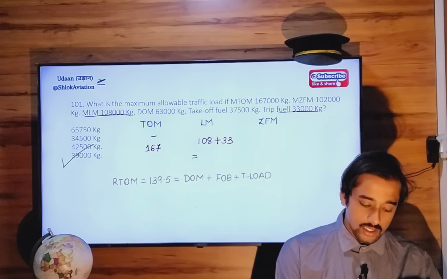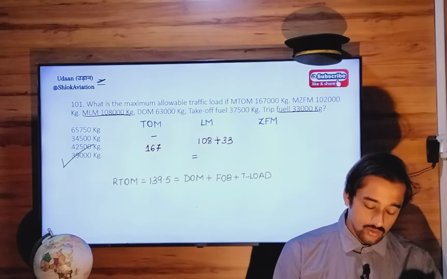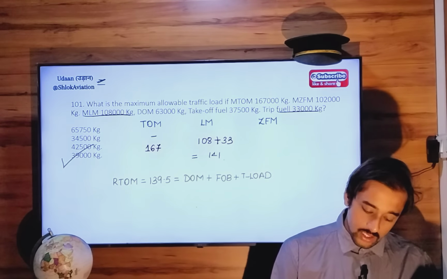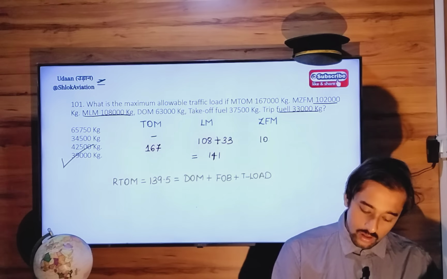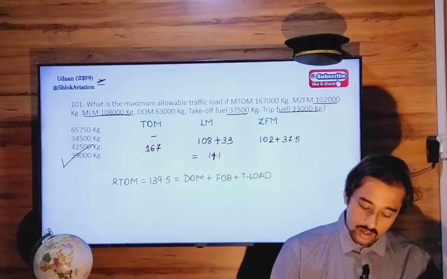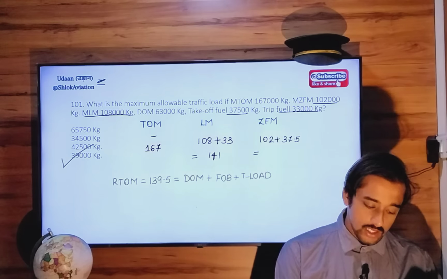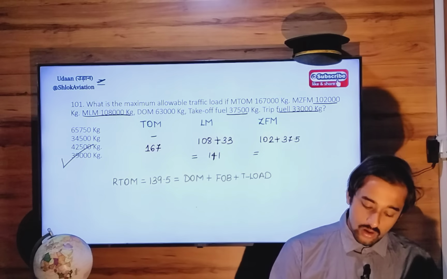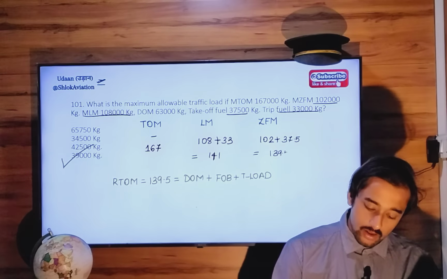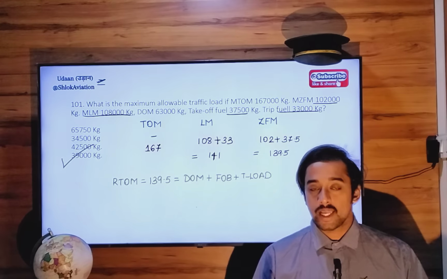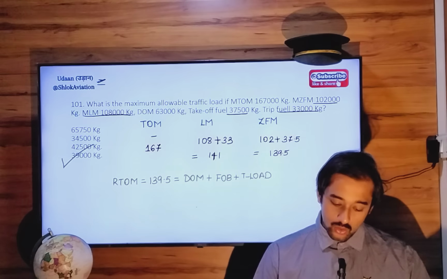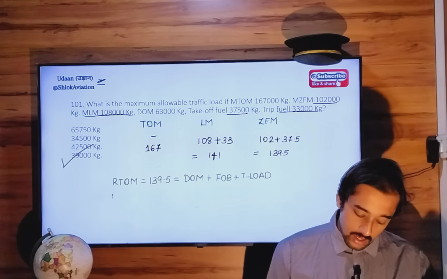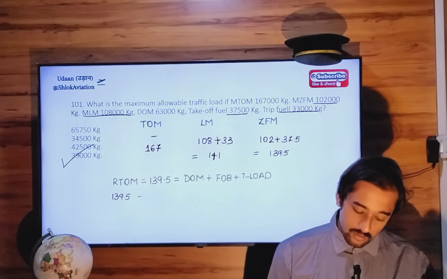So 108 plus 33 is 141. Zero fuel mass is 102. Takeoff fuel is 37.5. So 102 plus 37.5 is 139.5. Now out of these three values, you have to select the value which is the lowest of all. So that value is 139.5. It becomes our regulated takeoff mass.